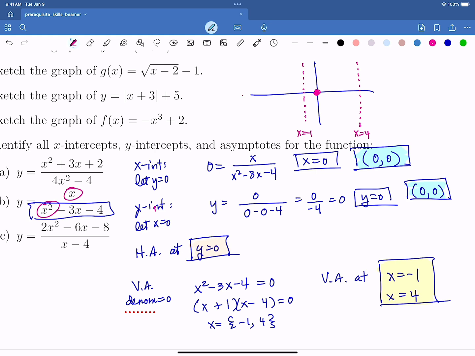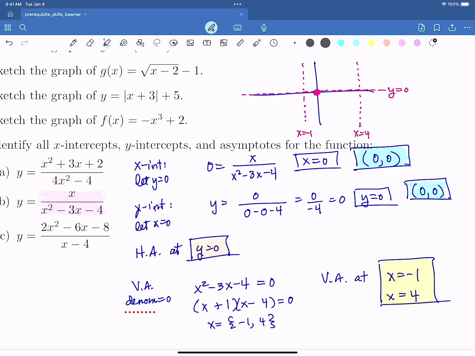We have a horizontal asymptote here at y equals 0. And then to know what that graph actually looks like, I might need to plot a couple of points. So let's come back and look at this equation right here. I'm just going to plot a couple of points in each section.